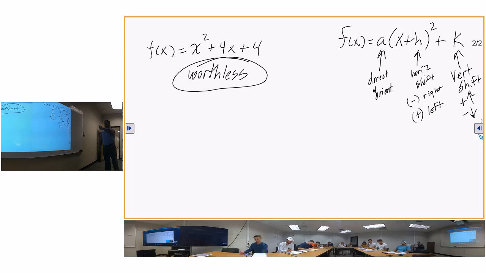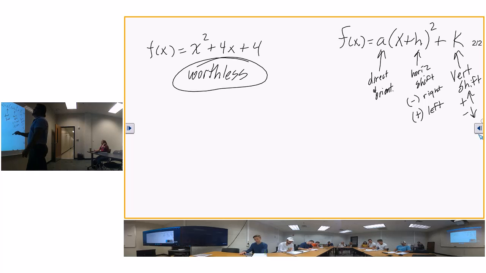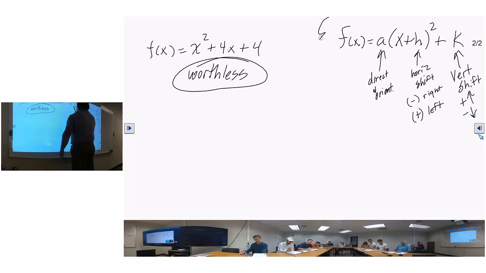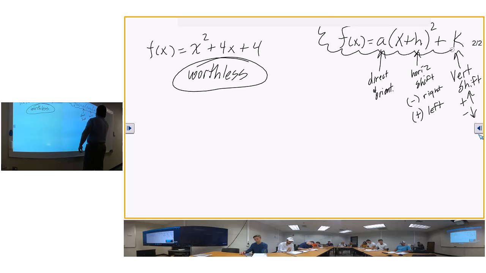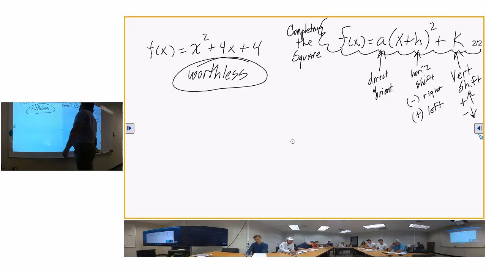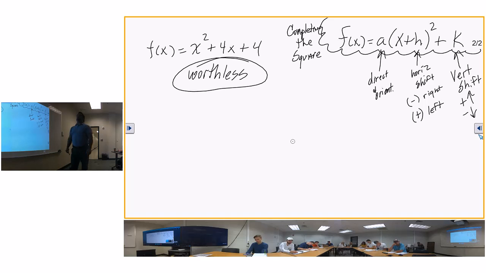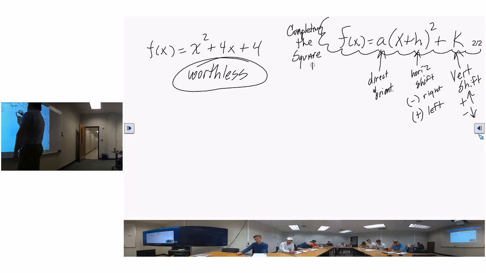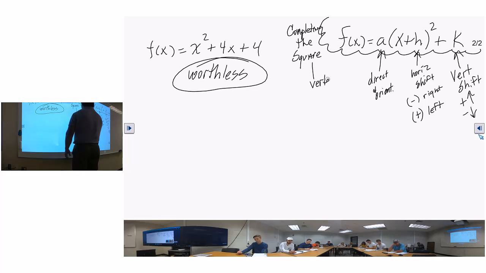But in order to get it in this form, what do we have to do? We have to use completing the square. Completing the square gives us that formation. It also gives us the vertex and x-intercepts.